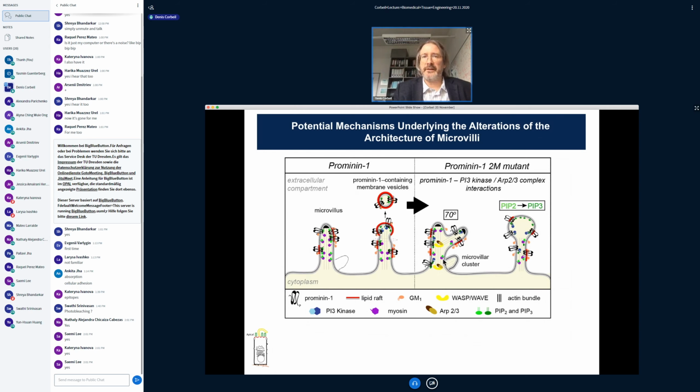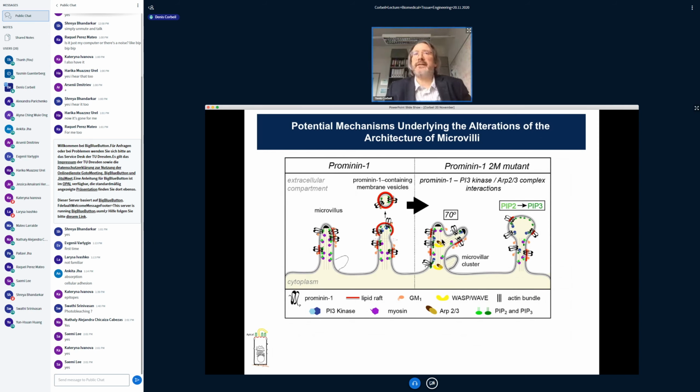This can be generated by the action of proteins and enzymes like WAVE, which will bind to the actin cytoskeleton, and then you have a complex called the ARP2/3 complex, which will bind to this WAVE protein. And together these proteins will initiate the formation of a branched actin network. So they are doing branching actin.